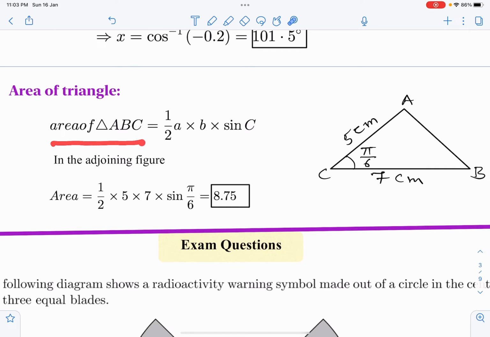So area of triangle ABC is equal to half A times B times sine C. Now again, according to the sign convention, this side is A, this side is B. So I am writing half A times B into sine of C. This angle is C. Okay. Angle pi by 6 is C. So like that, I am going to use two sides and included angle. Okay. So I hope you will remember this.